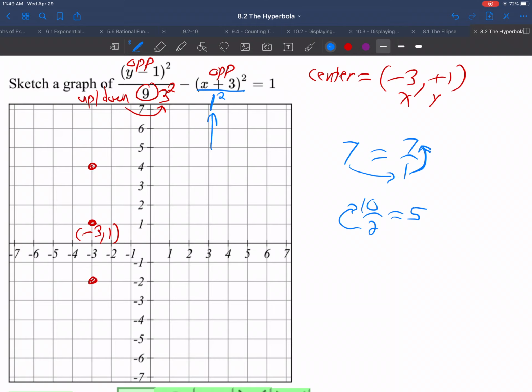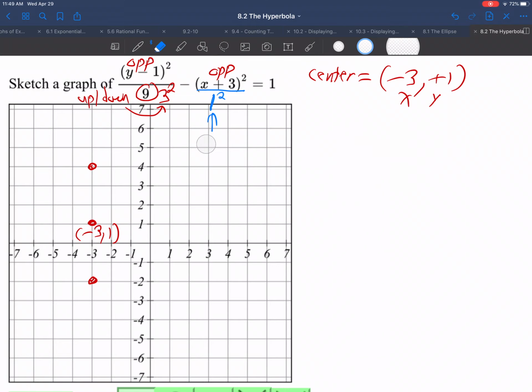So anytime you have a whole number, you can always put it over 1 and you haven't changed anything. We need to see a denominator, because that tells us how far right and left to go, but we can't change the problem. So we put it over 1 squared, which doesn't change anything, and yet gives us a denominator. That is the right-left amount. So it goes right 1 and left 1.